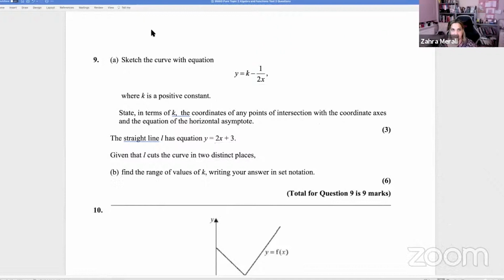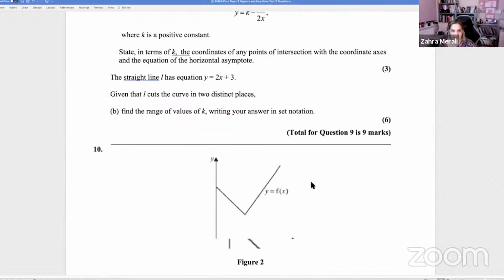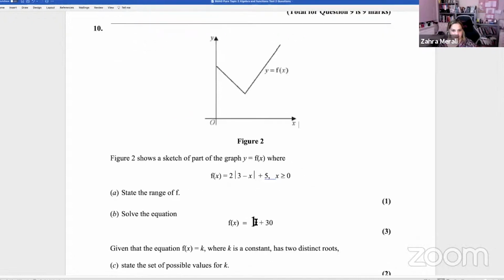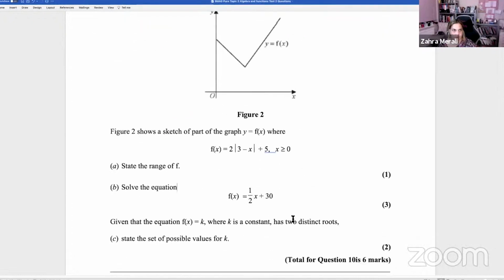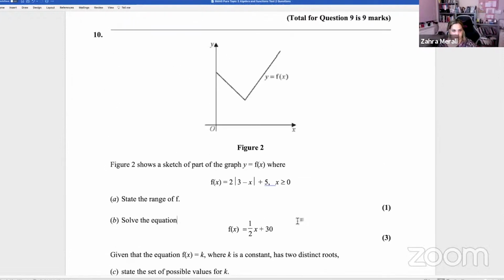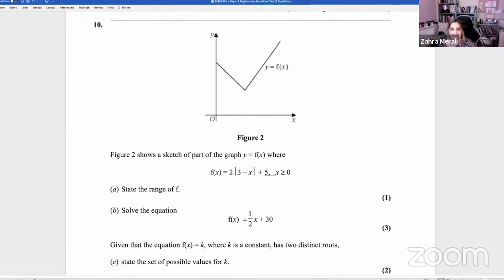Okay. Question 10. Right. State the range of f. Okay, so if I look at that graph, if it's telling me what's the range of f, the range is just the y's.